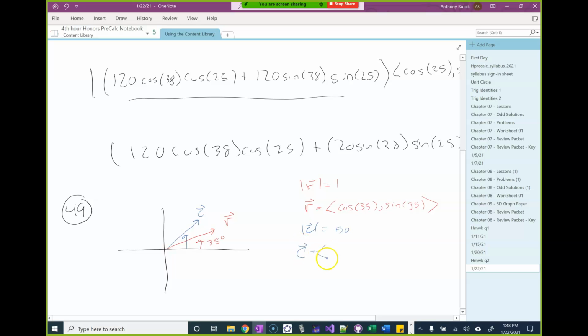So that is 150 cosine of 48. And then we have our gravity vector. So that's 0, -50. Oops. Made a little typo there when I wrote that down on my crate vector. There should be a 150 in front of that sine there. You guys probably wrote it. I just forgot to. Okay.